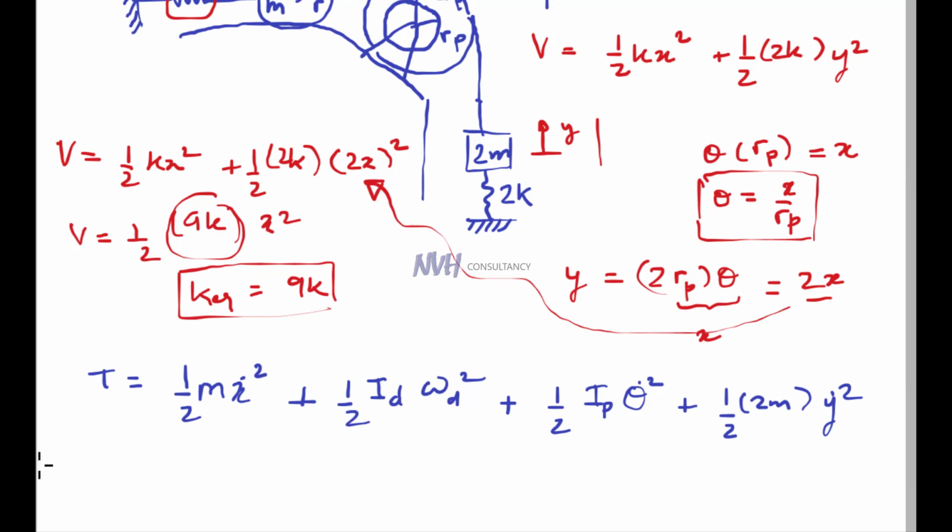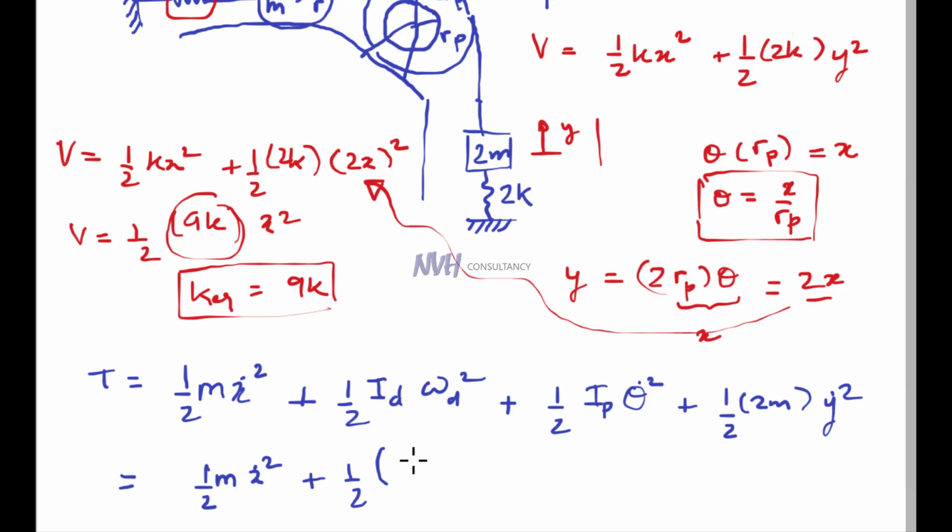So again convert all the coordinates in terms of x coordinate. What you will get is half m x dot square plus half Id, where Id is the moment of inertia of the drum.